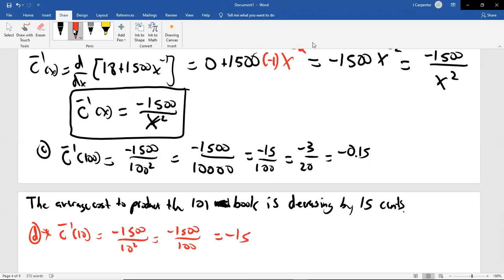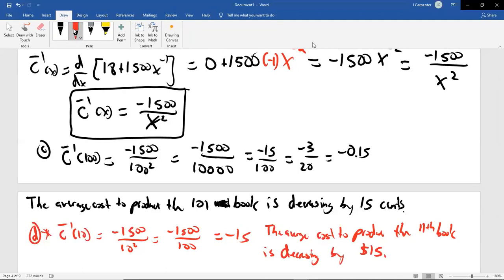So that would say the average cost to produce the 11th book is decreasing by $15.